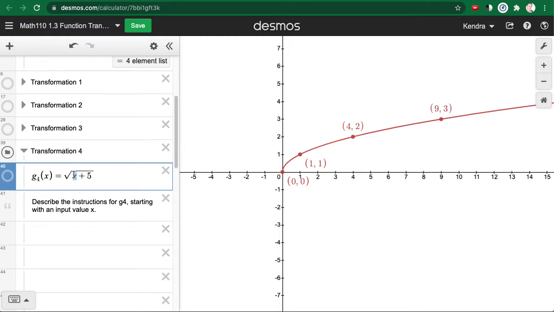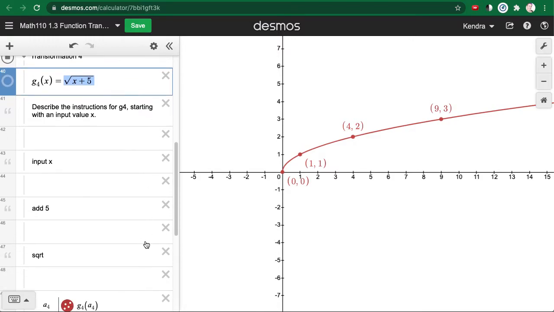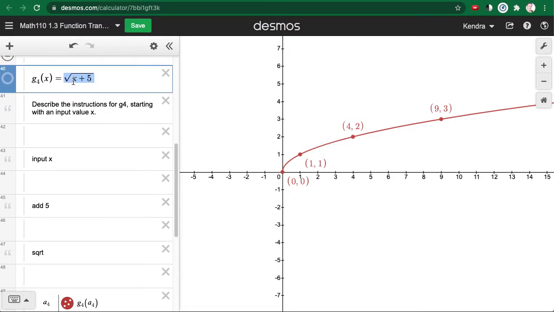First thing I'm going to do is add 5. And then after I add 5, I'm going to square root. Okay, so I take an input value, I add 5 to it, and then I square root.